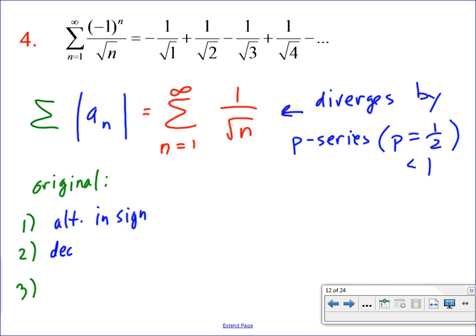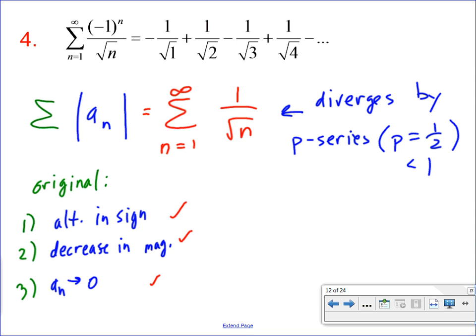So the terms decrease in magnitude. Good. And is the limit of the nth term 0? Yes, the nth term goes to 0 in the limit. So that's good. Great. So we've got a check, check, check. Which means what? It means the original converges by alternating series test.